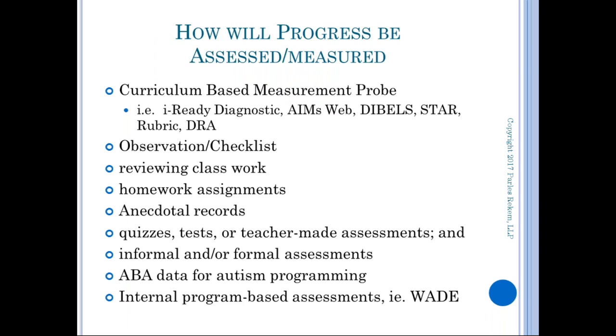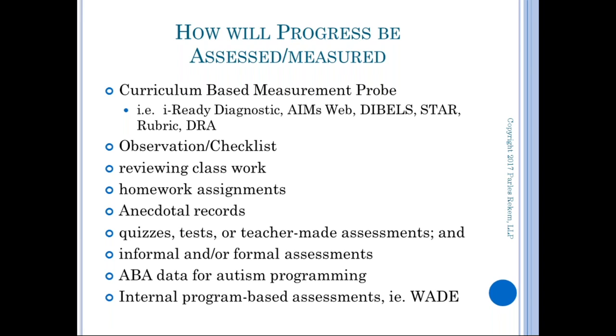Next slide. So, how will the progress be measured? It's kind of a big topic because it really depends on what the goal is. There isn't one answer here. If it's a reading program, like Wilson, for instance, Wilson comes with assessments embedded into the program, the W.A.Y. assessment.